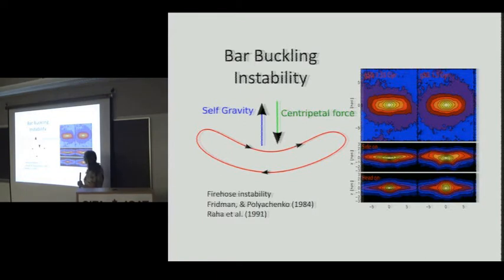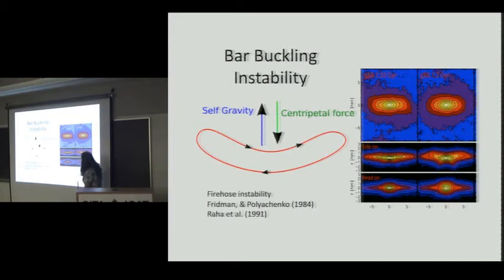Most simulations of bar galaxies actually showed that bars would buckle.